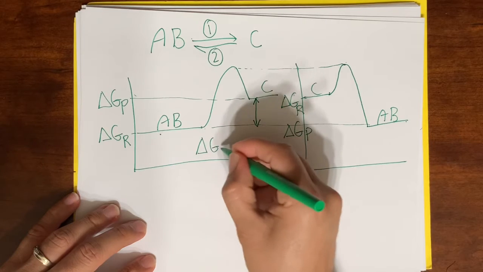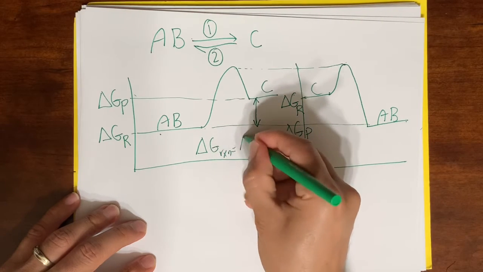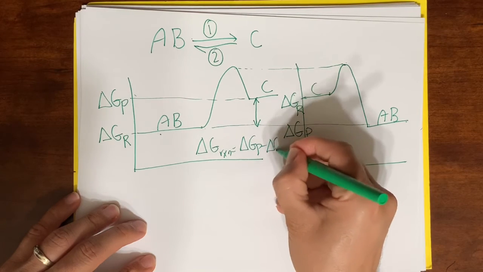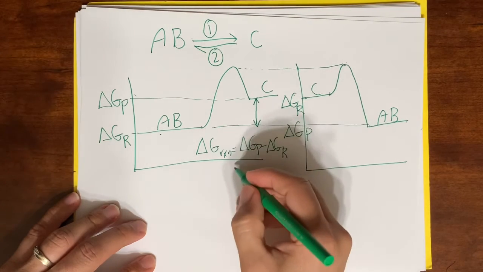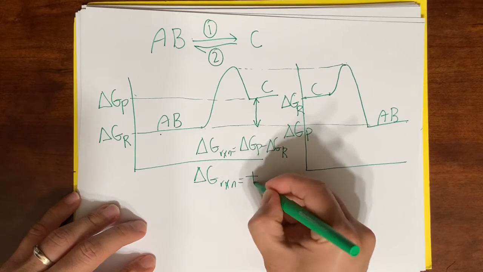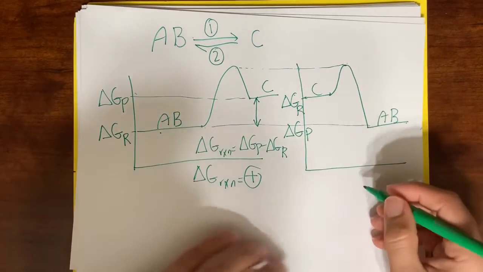Delta G of the reaction is going to be delta G of the product minus delta G of the reactant. This is going to be a positive. Delta G for the reaction is a positive number. Now look at this one: C to AB, the second reaction.